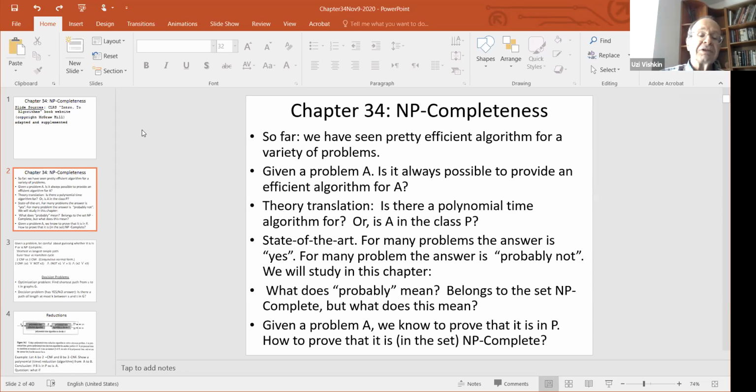But when we use the term efficient, just efficient versus non-efficient, the meaning in this chapter will be: efficient if it has polynomial runtime, and non-efficient if it does not have a polynomial runtime. So this will be the first order meaning.